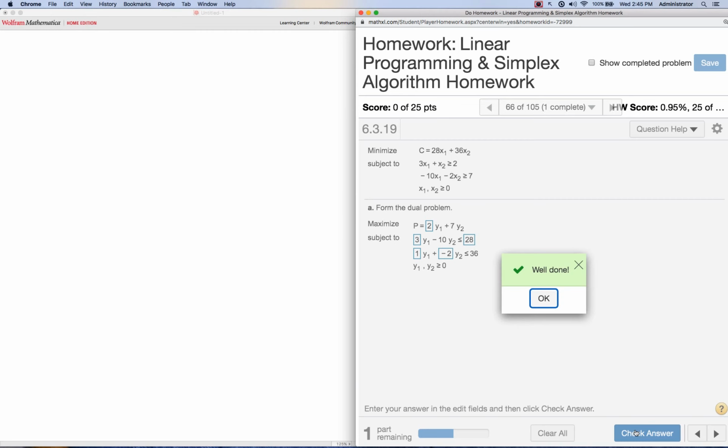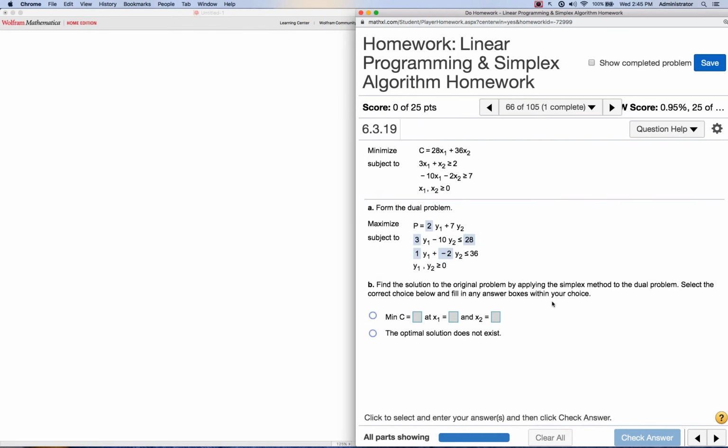Okay, and that's correct. Find the solution to the original problem by applying the simplex method to the dual problem. Select the correct choice below and fill in any answer boxes within your choice.